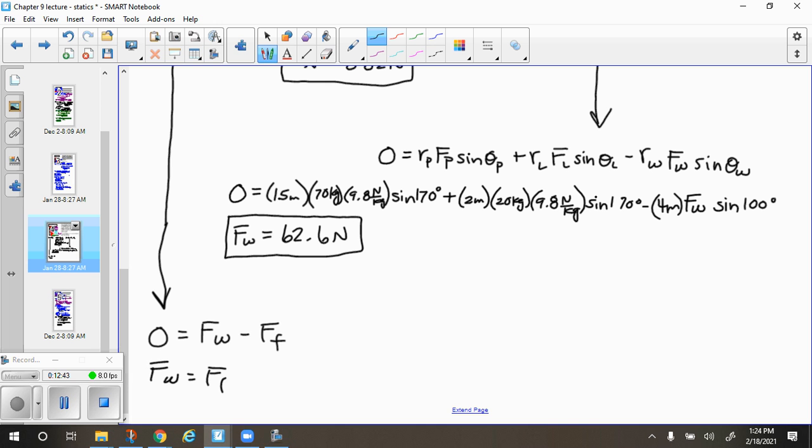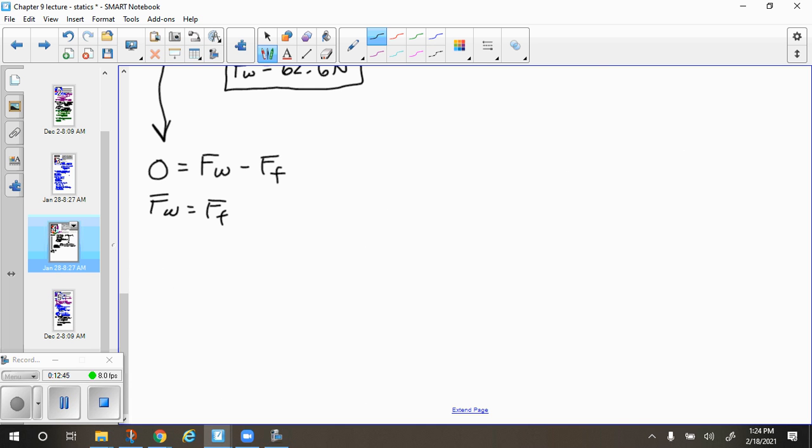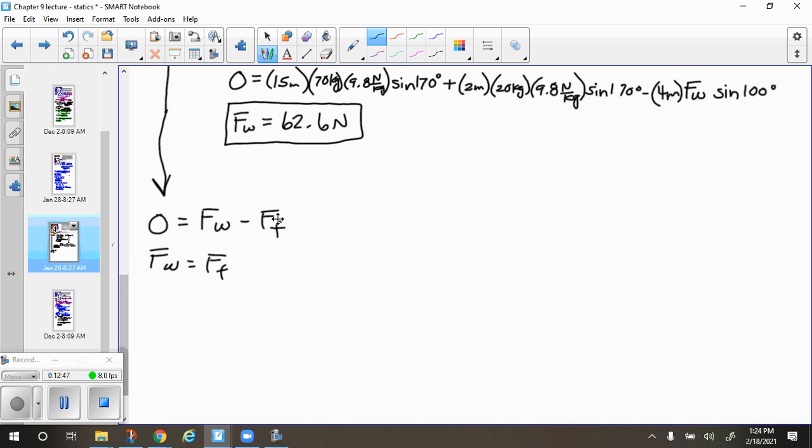And notice that I'm only solving for the magnitudes, not the directions, because I'm using the scalars. Sorry, force of friction is what I'm supposed to be solving for. Force of friction is equal to 62.6 newtons. All right, and that's how you do that problem.